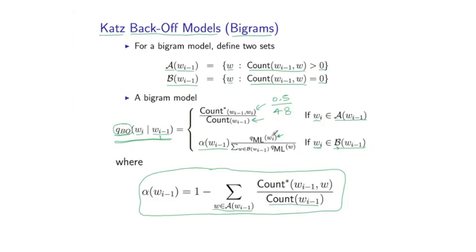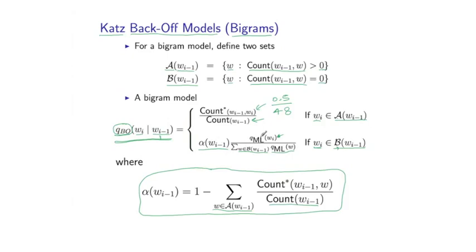So q_ML of w_i is the unigram maximum likelihood estimate I showed you earlier. So in the numerator, that's what I have here. In the denominator, I have a sum over all words in B of q_ML of that w. And so this is just a normalization term which ensures that I'm splitting the alphas in proportion to these unigram maximum likelihood estimates.